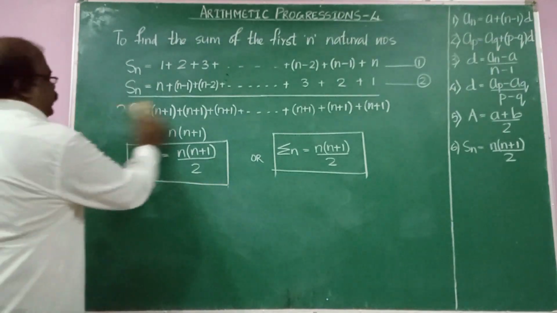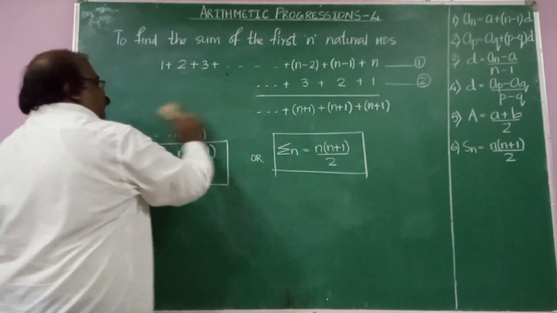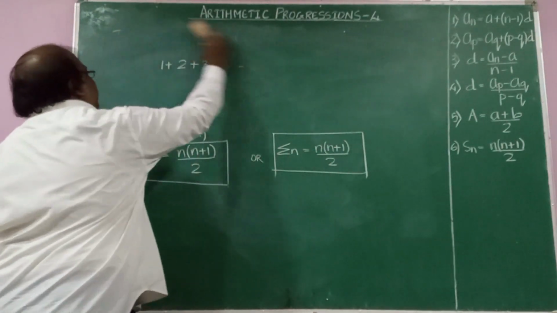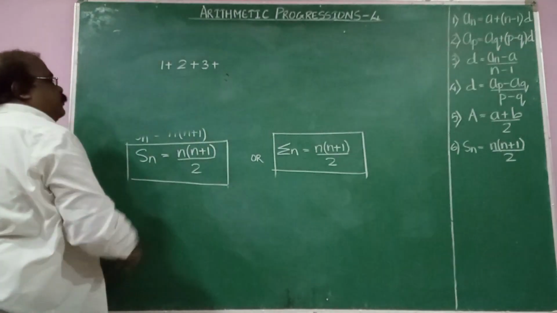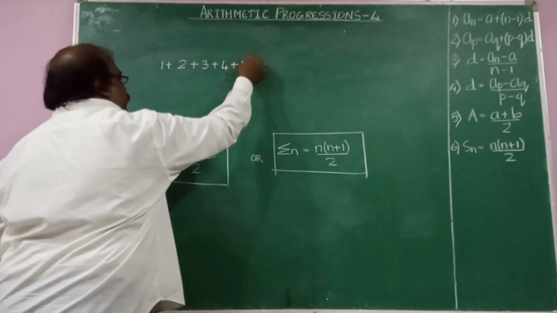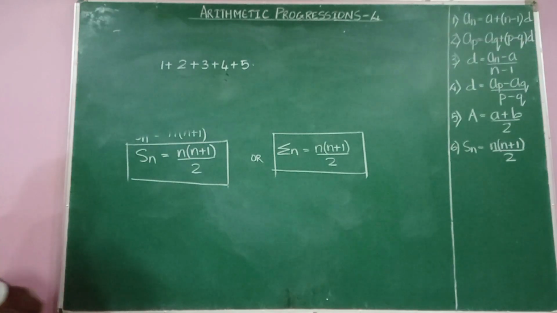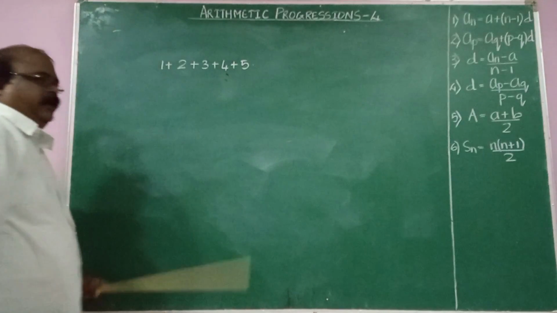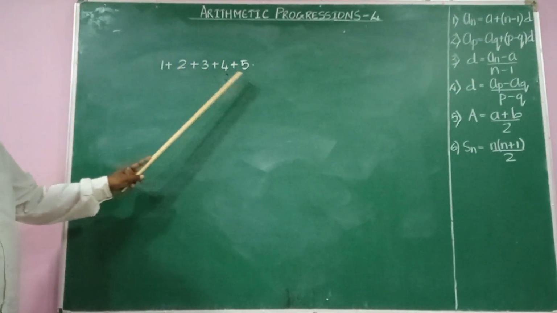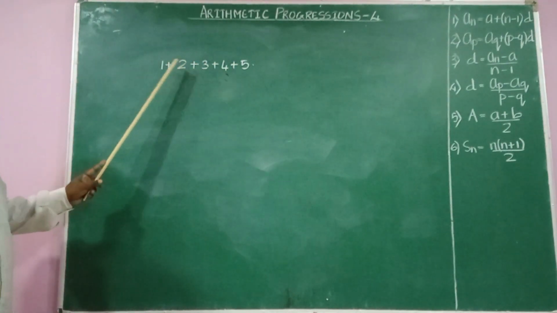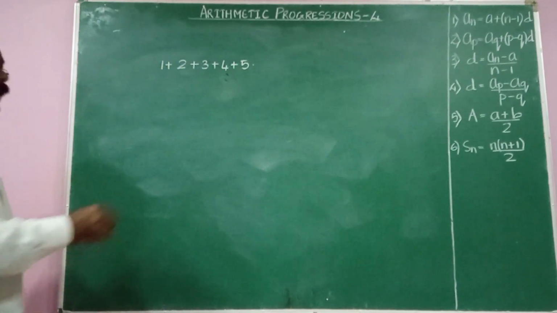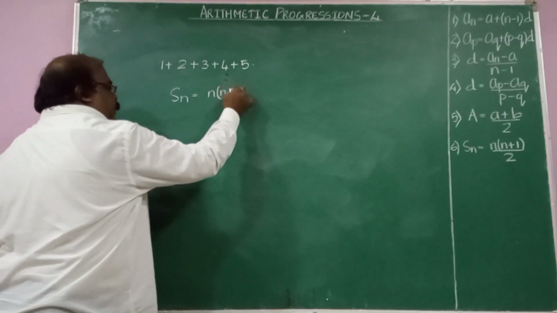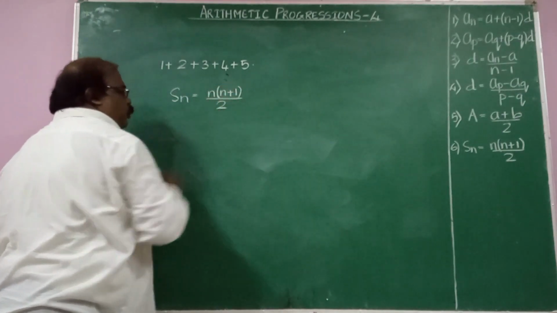Right? Now, supposing I ask you to find the sum of the first 5 natural numbers. I just now found the total: 5 plus 4, 9, 10, 11, 12, 13, 14, 15. But now I am using the formula Sn is equal to n into n plus 1 upon 2.